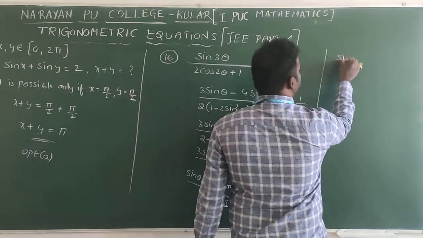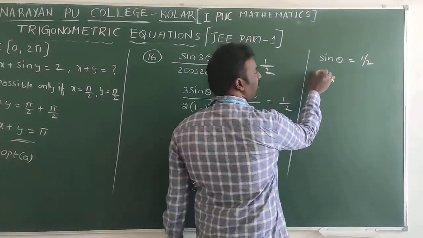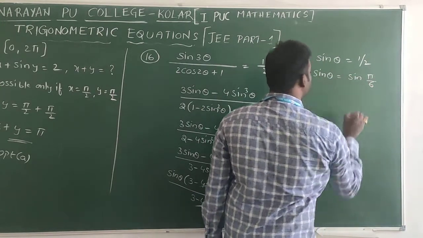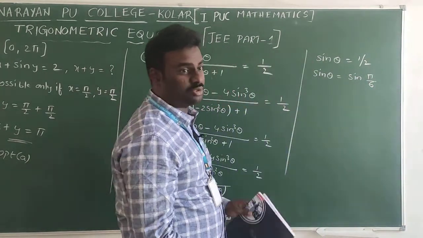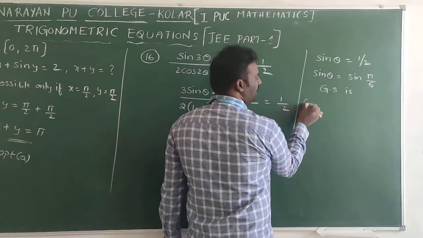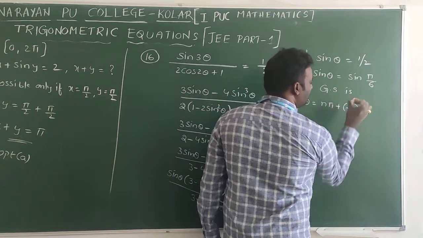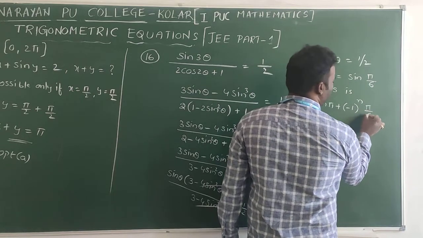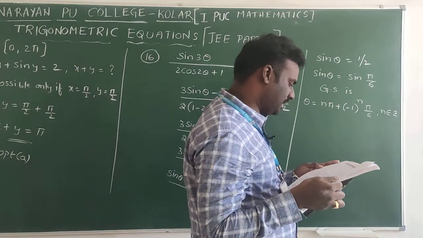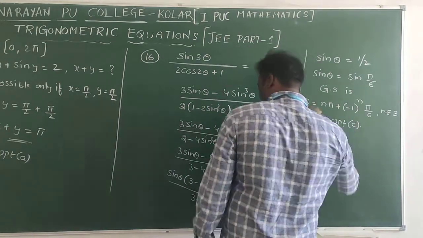Now you will get sin theta value is 1 by 2. This 1 by 2 I can write as sin 30. We know the general solution for sin x equals sin y. The general solution is theta equals n pi plus minus 1 power n into pi by 6, where n belongs to z. That is nothing but option C is the correct answer.